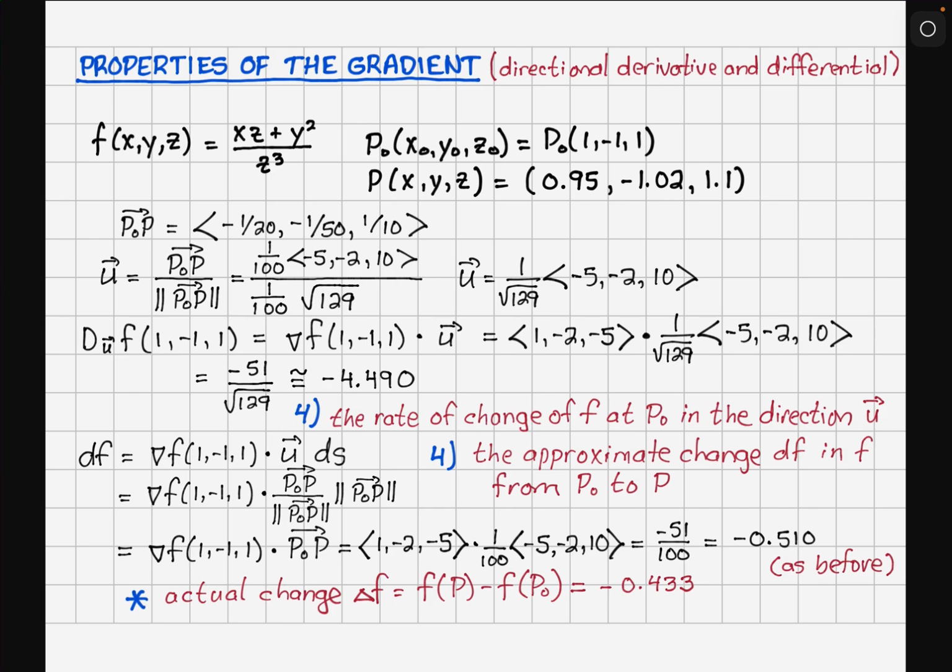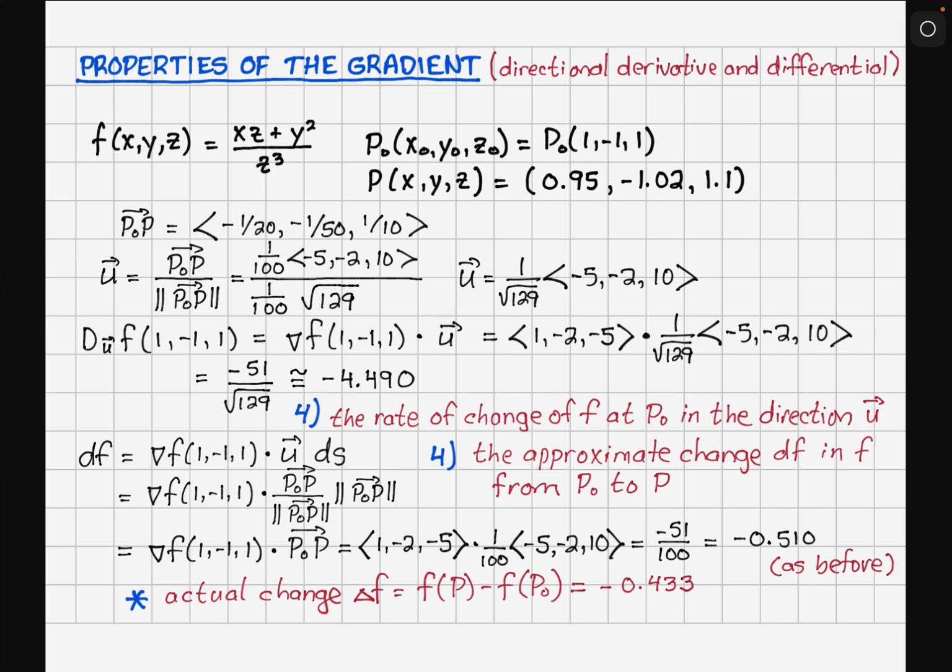It is the rate of change of f at p naught in the direction of u. Notice it's not quite as low as the minimum value of the rate of change of f, which was the opposite of the magnitude of the gradient at this place. It's about negative 5.477, if we're remembering correctly.